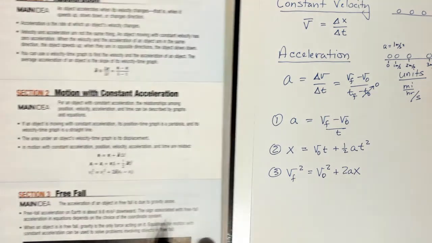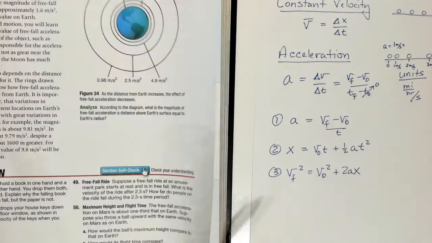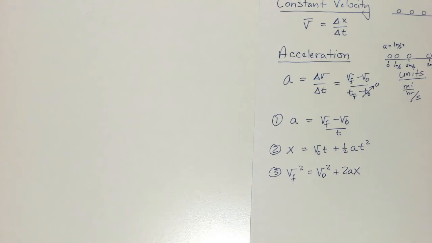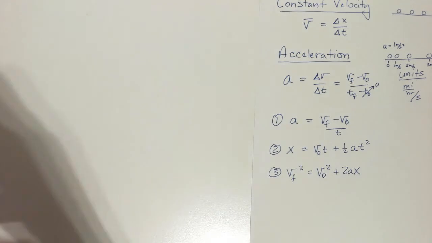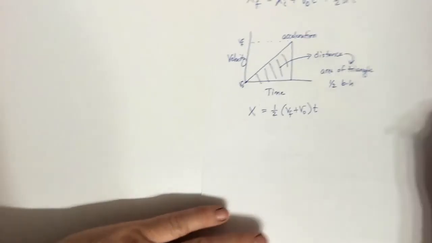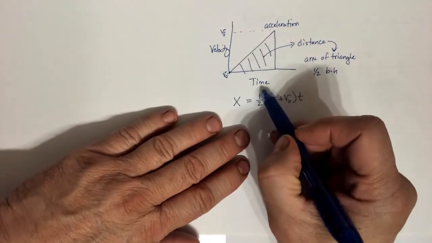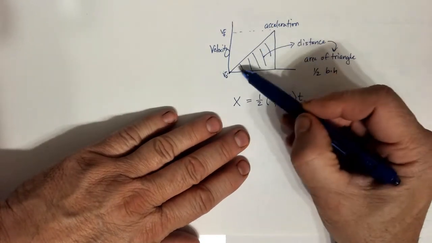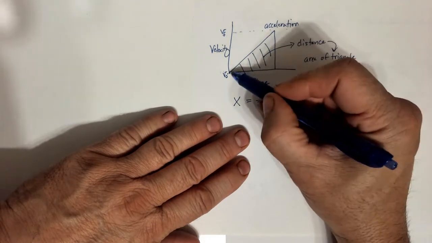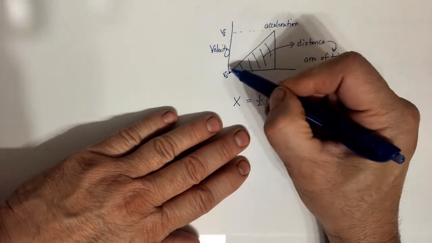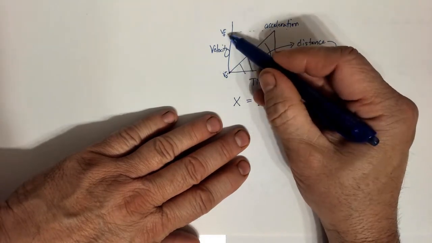There is one more equation that is mentioned in the book, and it has to deal with talking about when a graph is used. And whenever you have a graph, I want to point this out, whenever you have a graph, and if you have velocity per time and a graph, as you accelerate, your velocity can increase. So we go from one speed to a new speed. Okay?